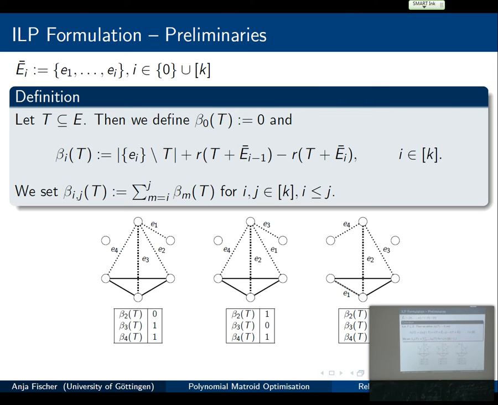So maybe some example. So these sets are all closed, so beta 1 is always 0. But just looking at E1, E2, nothing happens. So this is our set T. But if we now have E2 and E3, there's this cycle, there's this new dependency, and we just count a 1. And if we now add E4, then we see some new dependencies, again some 1.